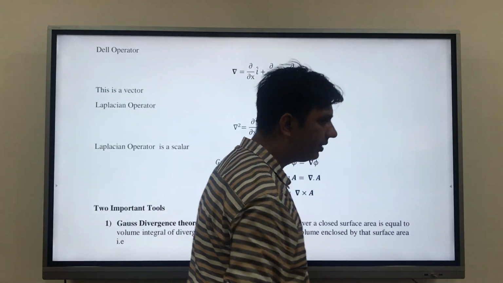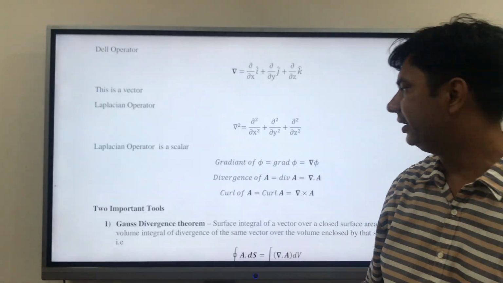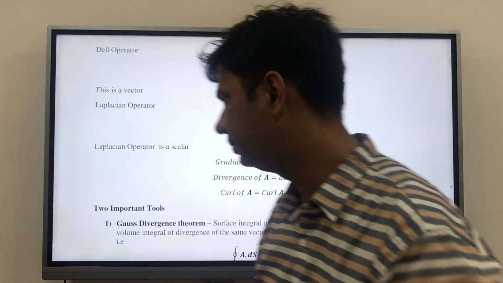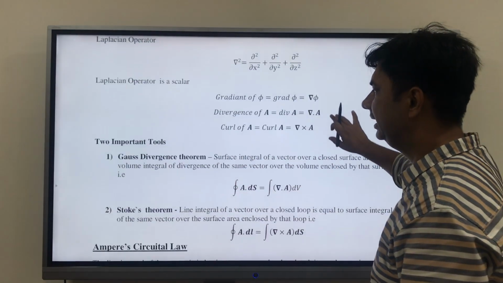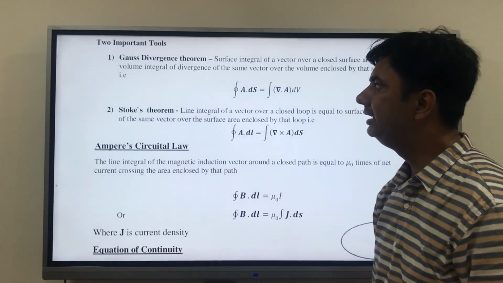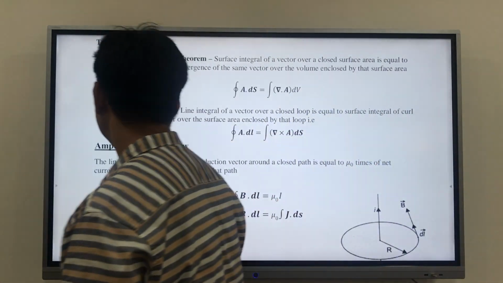And on these two operators, on divergence of A and curl of A, we have two theorems. These are very important theorems, and they are called Gauss divergence theorem and Stokes theorem.